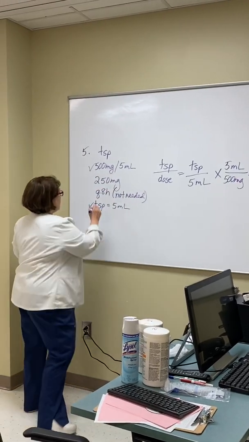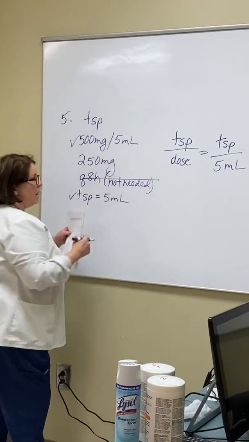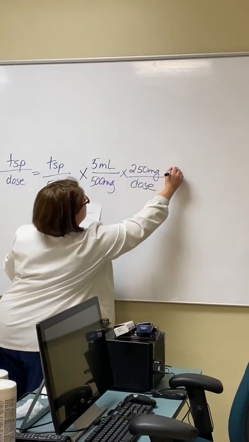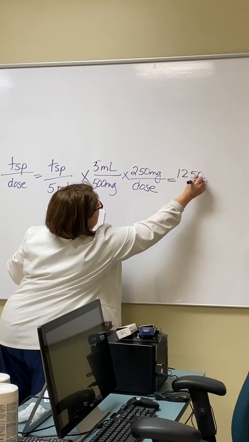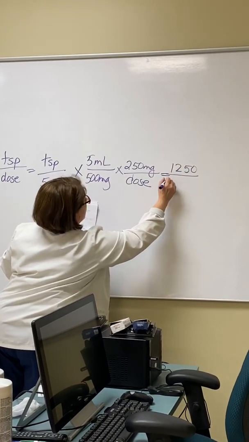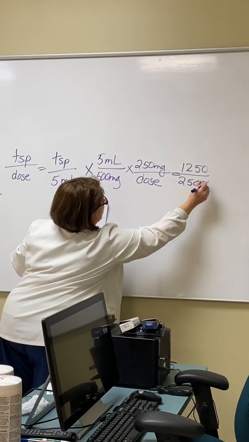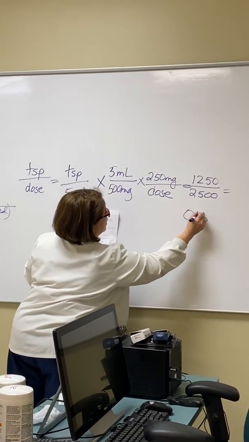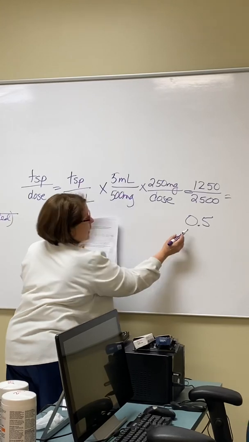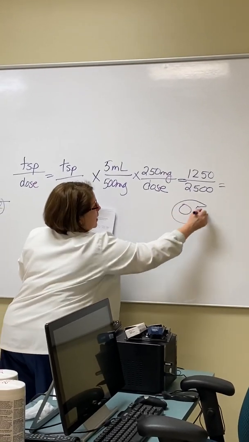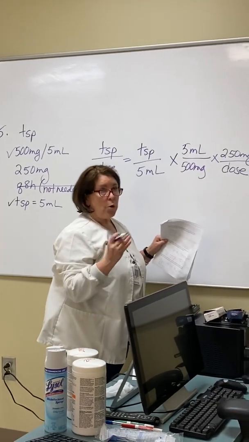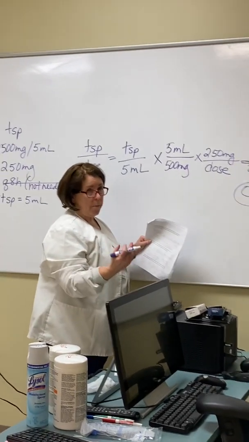I do not need this. This comes out to 1250 over 2500, which equals 0.5. Leave your answer just like this. And also, when you have an answer that is less than 1, you have to have a leading 0. Remember that.